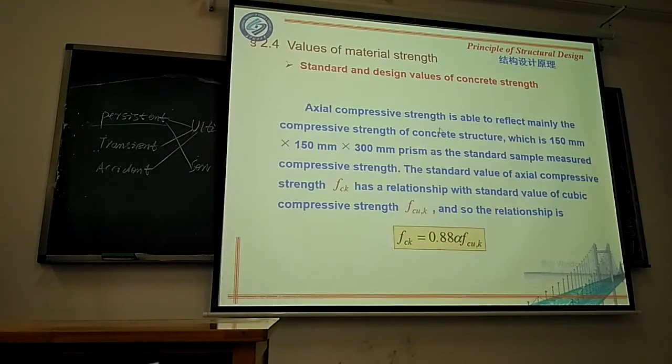But if we use another actual compressive strength, meaning a different specimen size, 150 millimeter by 150 millimeter by 300 millimeter prism, the result is fck. fck and fcu have a relationship of 0.99 times fcuk, so you can get the value between these two different strengths.